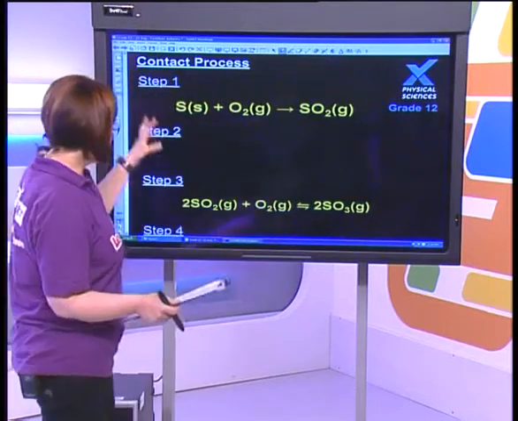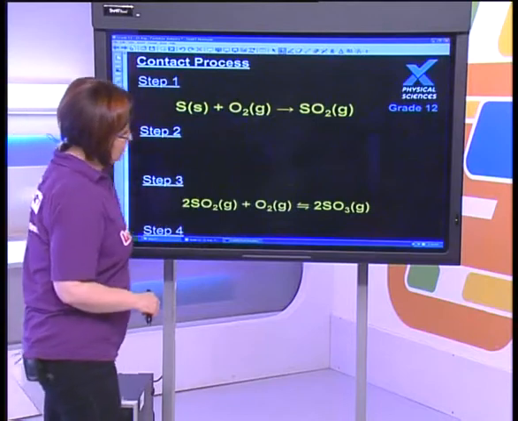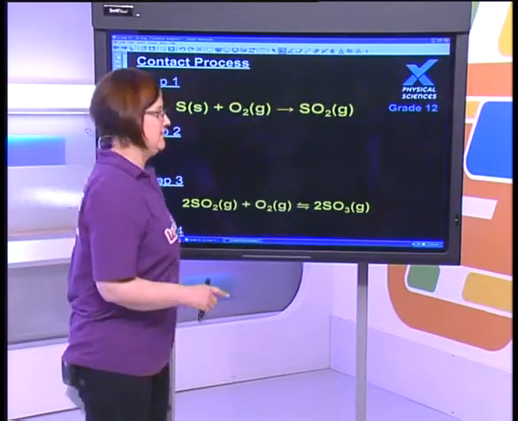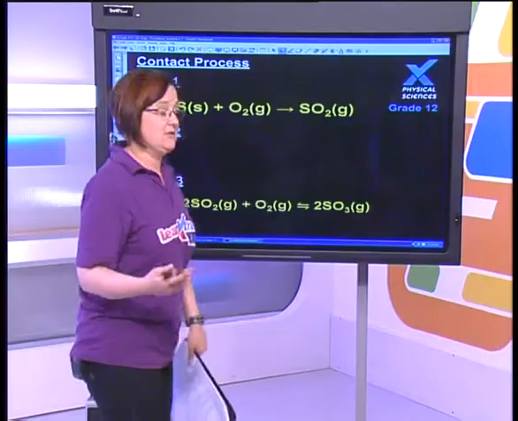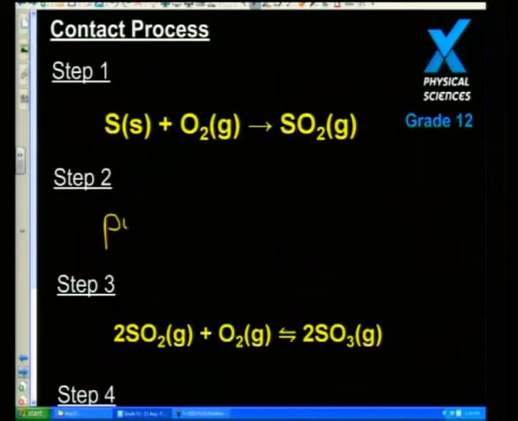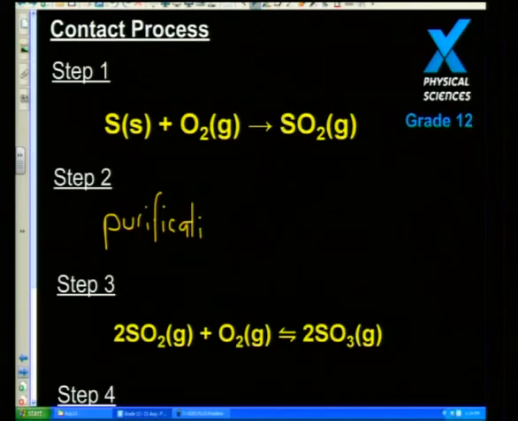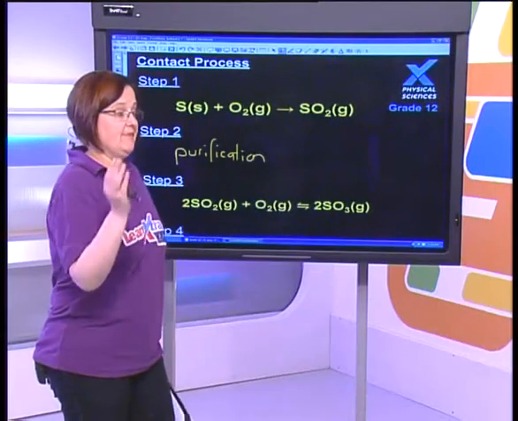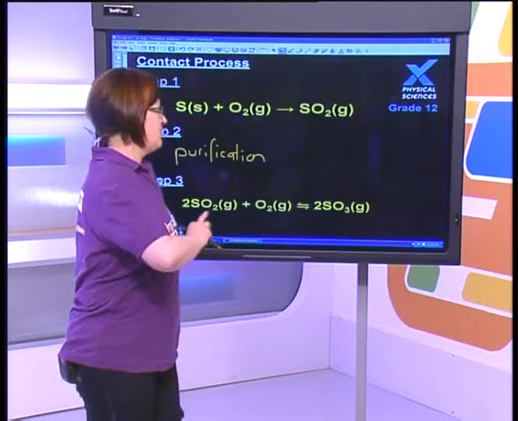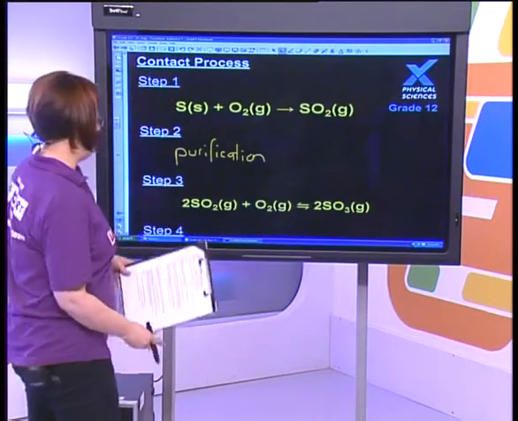Now, the second step is a purification step, where we take the SO2 and purify it, getting rid of any other gunk that came out when it was burnt, particularly if the SO2 comes from sulfur obtained from coal. So we need to get rid of all the other stuff along the way.